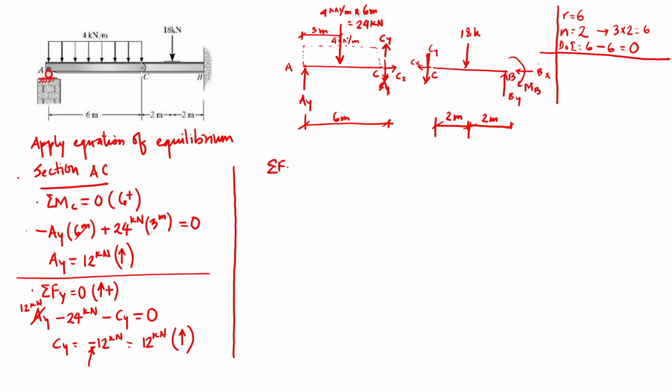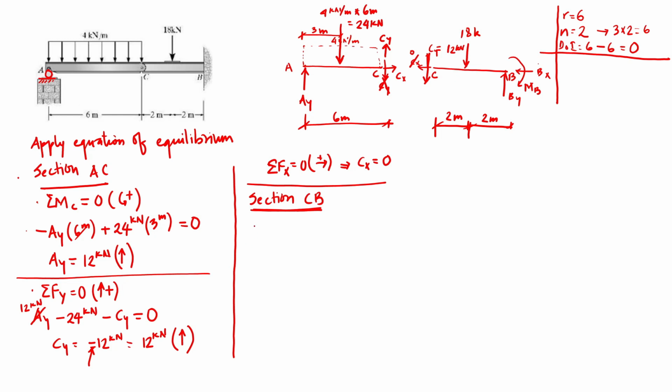If we take summation of all the forces in x direction equal to 0, considering left to right positive, here we don't have any external applied load, so we can visually inspect that CX would be equal to 0. Now moving on to section CB, we know CX is 0. We calculated CY to be 12 kilonewtons.